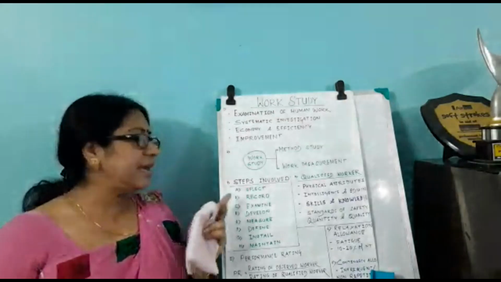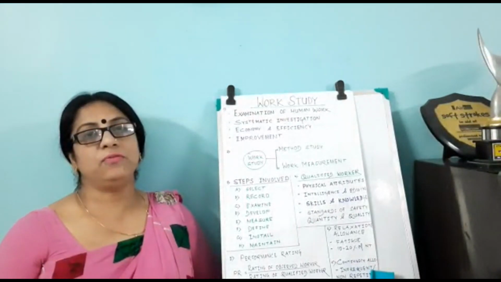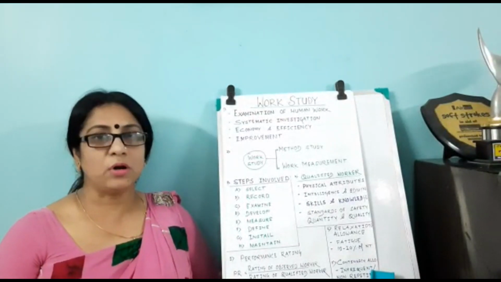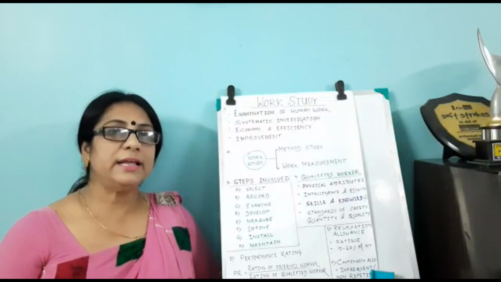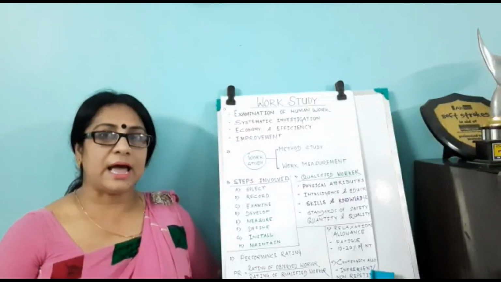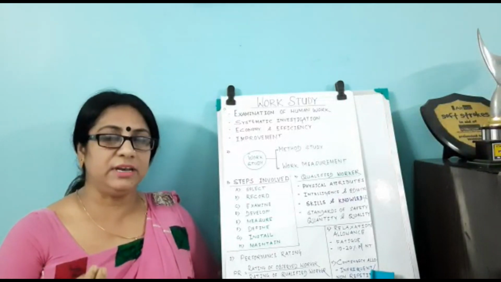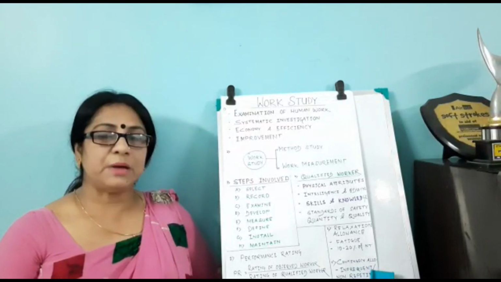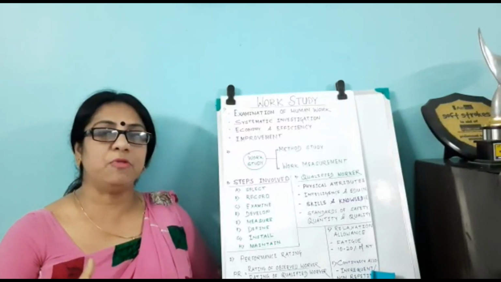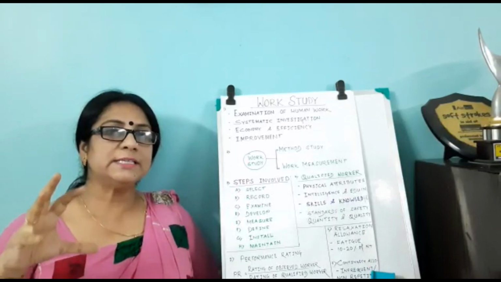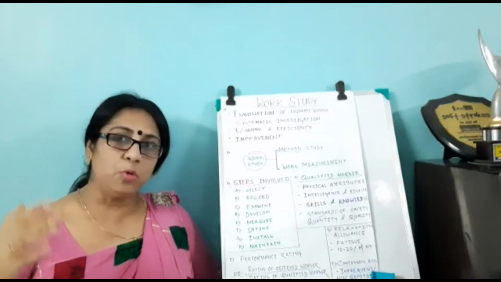Then the third step is examination of the work which he has recorded. He has to critically examine the work and challenge each and every activity being carried out. For this he takes the help of a flowchart. Once the work is recorded, it is put in the form of a flowchart.